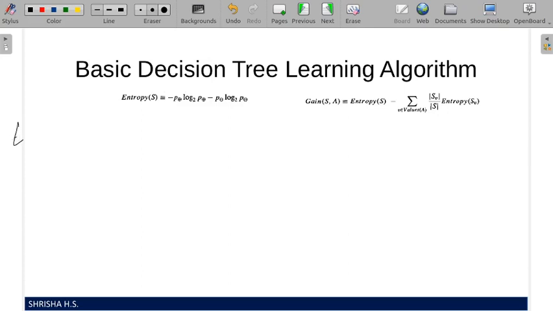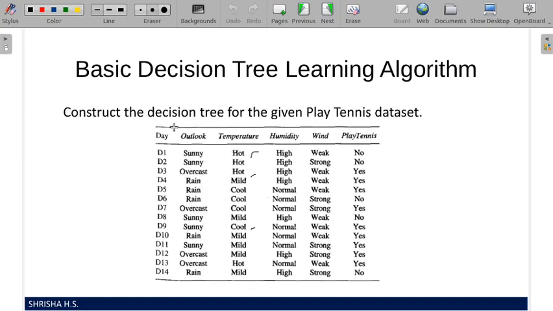So entropy when outlook equal to rain and temperature is hot. Outlook is rain, 5 instances are there.